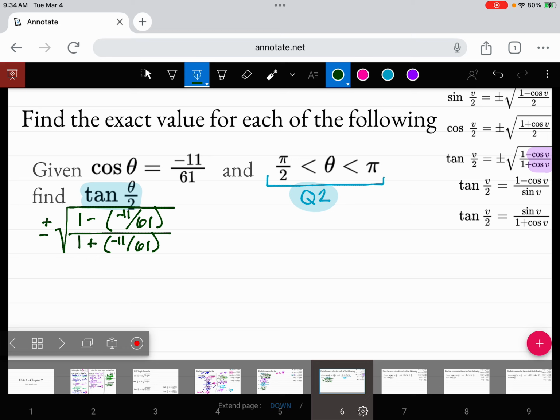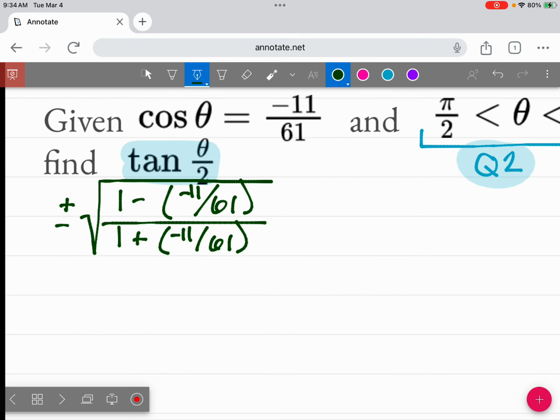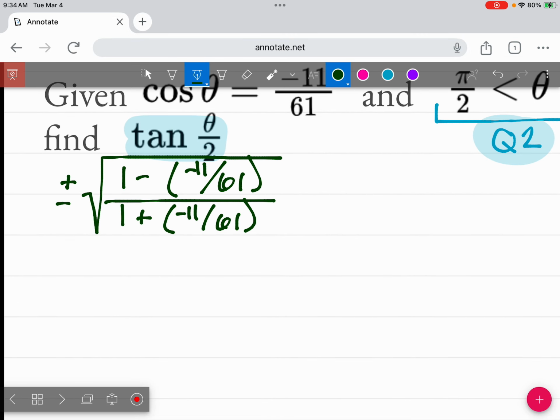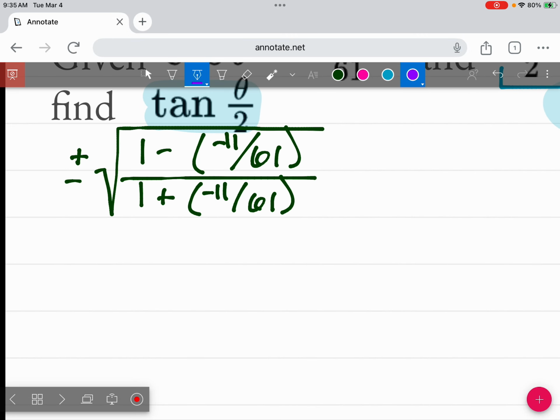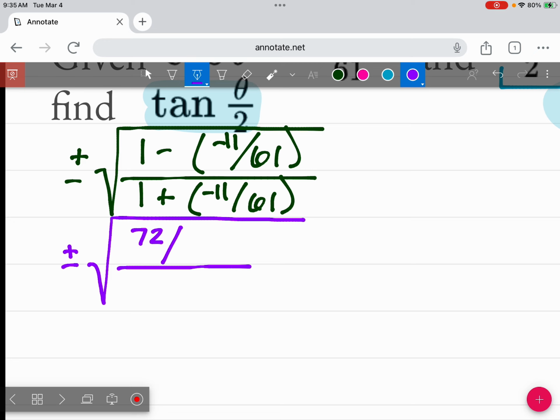So let's see what we can do here. Let's simplify this a bit. We're going to have our plus or minus. What can we do with our numerator? 1 minus negative 11 over 61 is 72 over 61, using a common denominator, 61 over 61 minus negative 11 over 61.